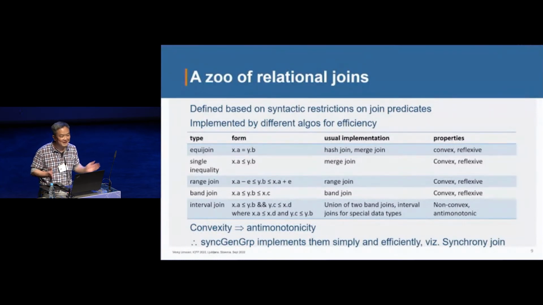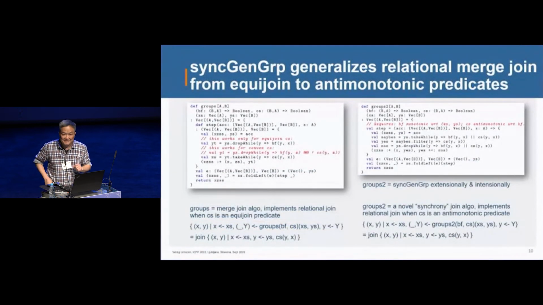So of course, if you're convex, you are both left and right-sided convex. So therefore, all of these varieties of joins are anti-monotonic. And so they can be executed using the synchrony generator, and very efficiently. This is one important thing.